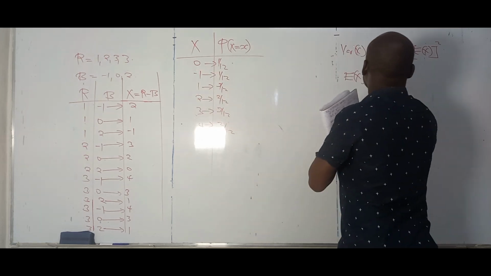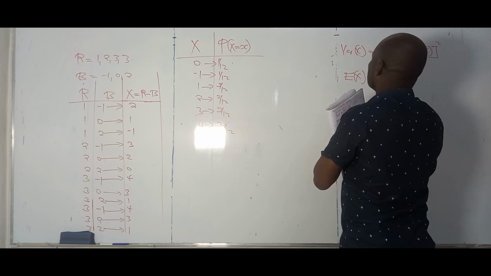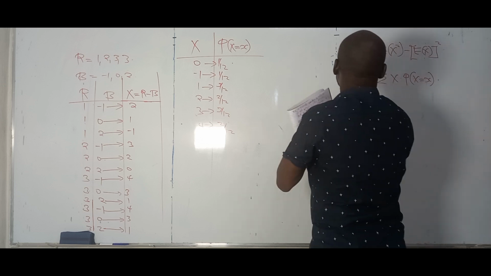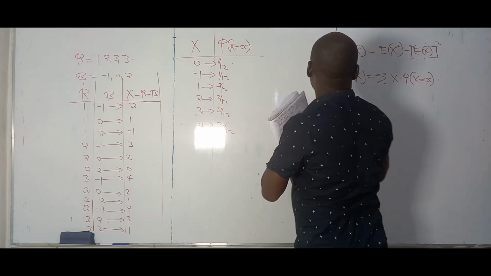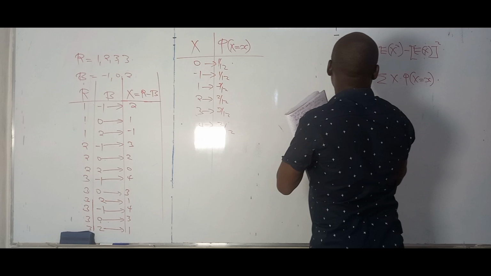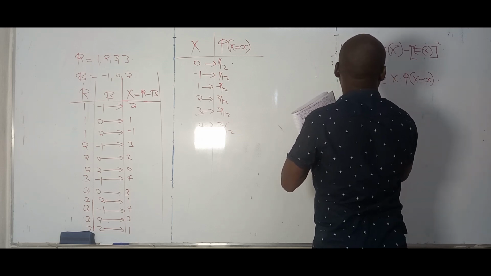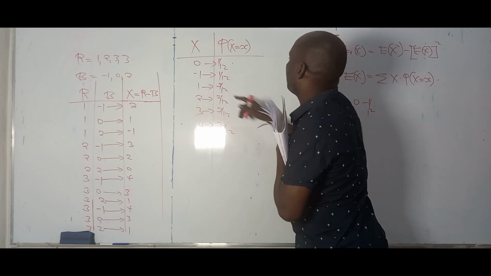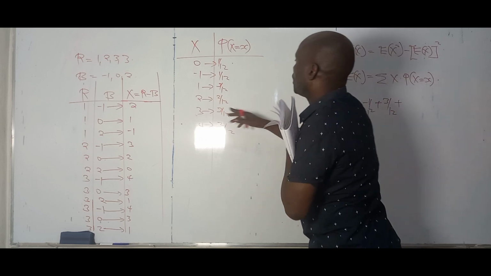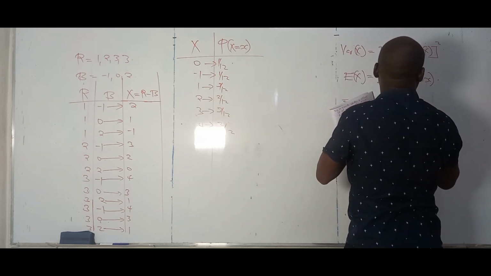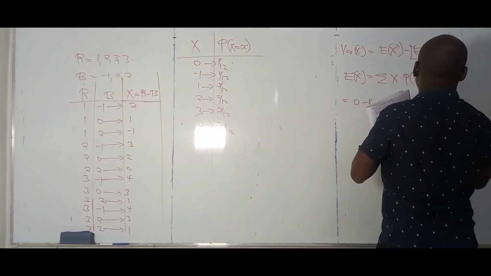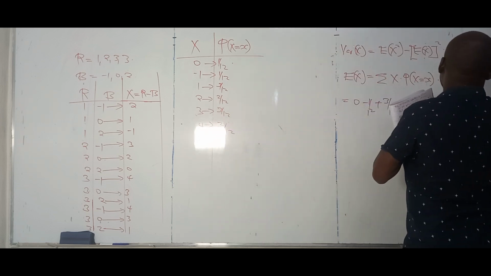0 times 1 over 12, which is 0. So it's the summation of x times the probability that X is equal to x. The first instance is 0 times 1 over 12, which is 0, plus minus 1 times 1 over 12, so that is minus 1 over 12, plus 3 over 12, plus 4 over 12, plus 9 over 12, plus 8 over 12.